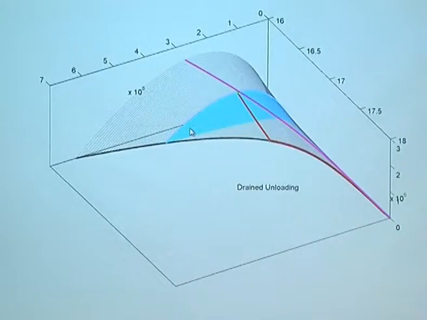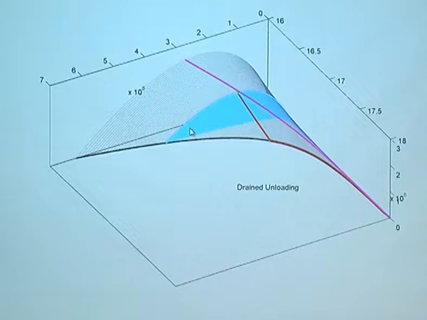You need this portion of the yield locus to solve that particular problem. That's why soft soil models always have that cap. Whether it's called the soft clay model, the Plaxis soft soil model, or whatever, they always have this cap.